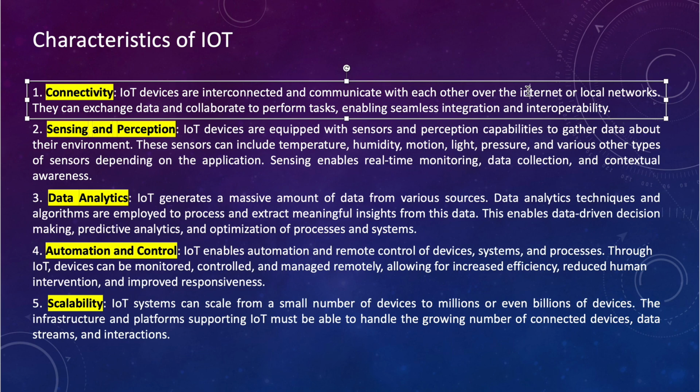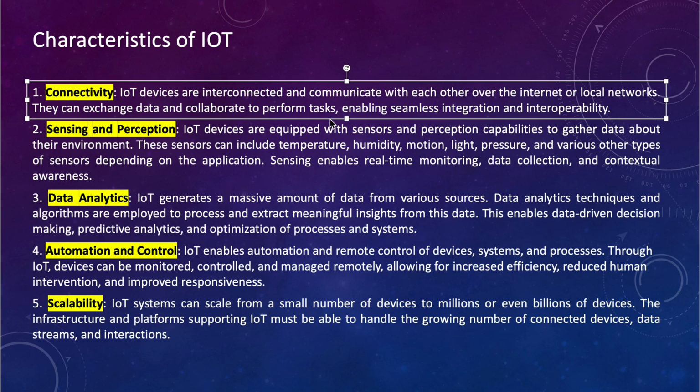But anyway, the sensors, the actuators, the embedded devices should be networked between each other to pass on data, process data, and output commands. They can exchange data and collaborate to perform tasks, enabling seamless integration and interoperability.